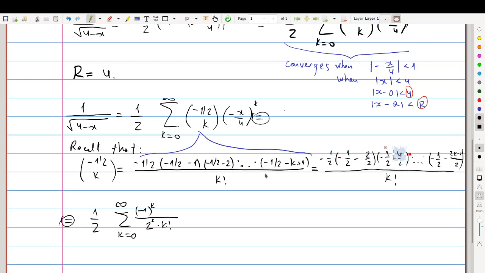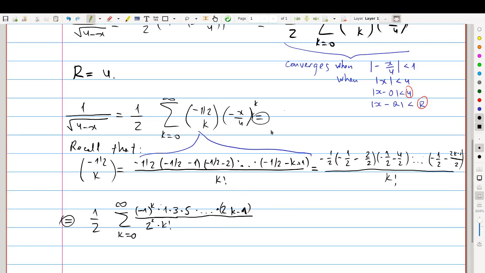In other words, we have a product of odd integers from 1 to 2k minus 1, for a total of k factors.